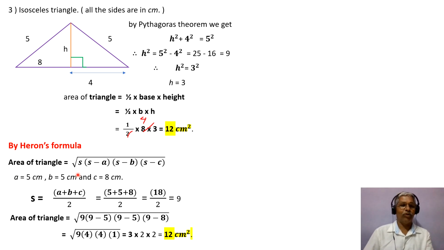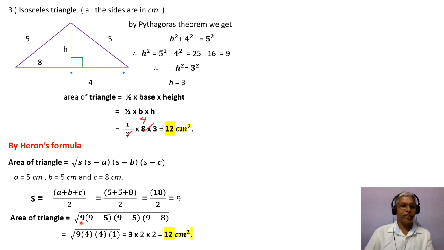Area of triangle equals root of s into s minus a into s minus b into s minus c, and a is 5 centimeters, b is 5 centimeters, and c is 8 centimeters. So s equals a plus b plus c upon 2, that is 5 plus 5 plus 8 upon 2, that is 18 upon 2, that is 9. Now substitute.